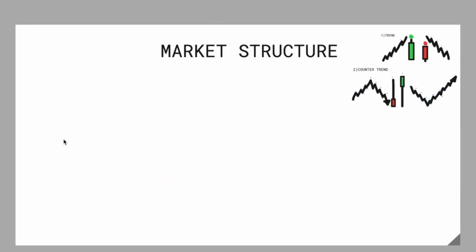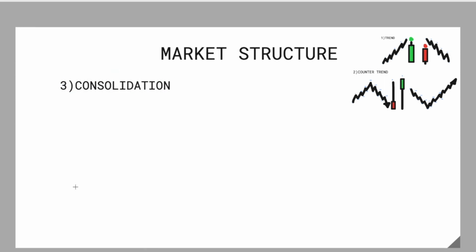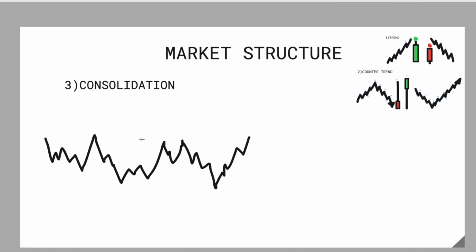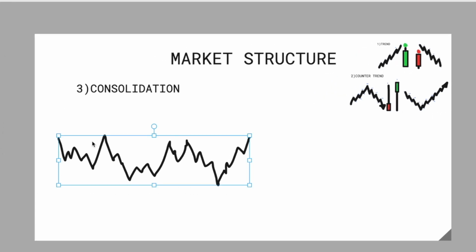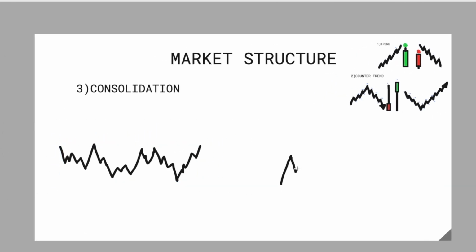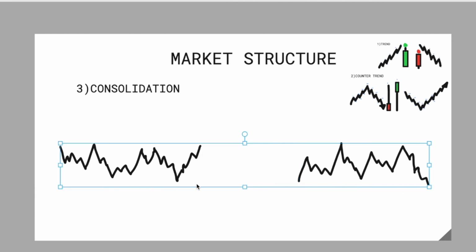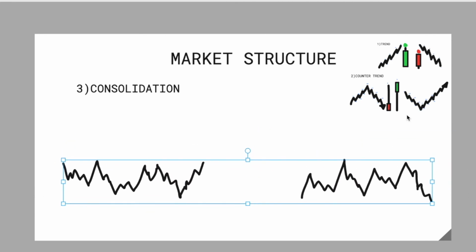So the third market structure type is consolidation. Okay, this is where the price will range within an area.